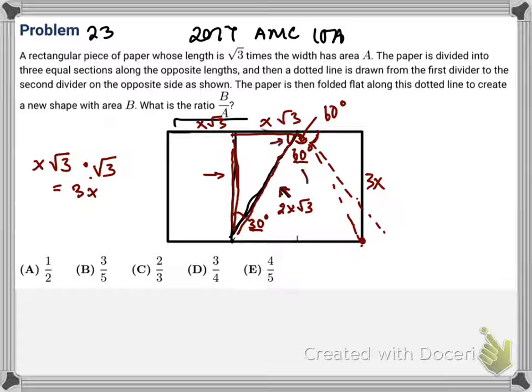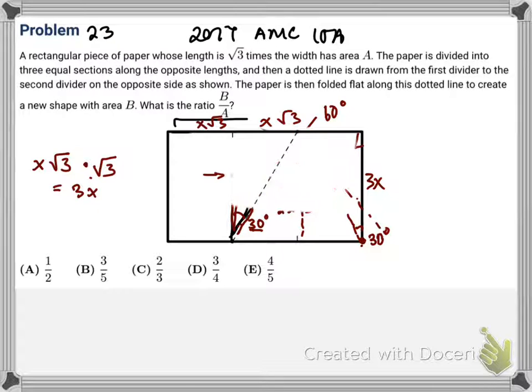If this is 60 and that's 60, I know these three angles are supplementary, so this also has to be 60. Considering this is a 90-degree angle, I have another 30-degree angle, and bam, this 30, 60, 90 triangle, which is going to be similar, because it folds over right about here, is going to be hitting the vertex exactly, which is convenient for me. Let me clear up this diagram just a little bit.